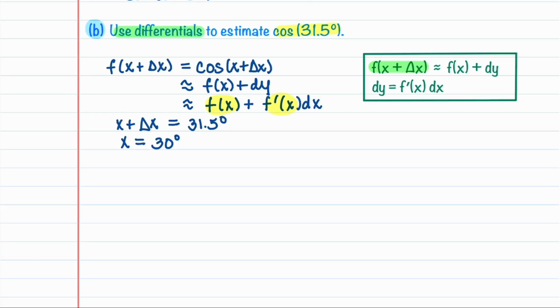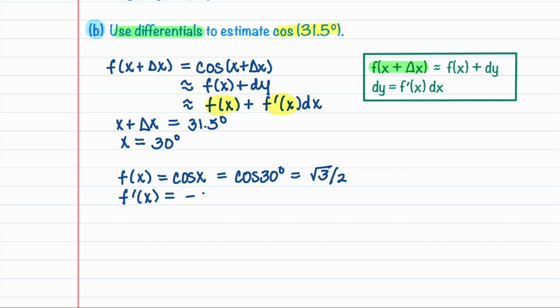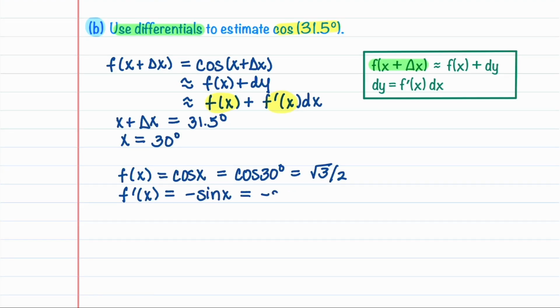Since f of x plus delta x is cosine of x plus delta x, f of x is cosine x, and x is 30 degrees, so this is cosine 30 degrees, which is the square root of 3 over 2. Now let's find f prime at x. That is going to be minus sine x, and x again is 30 degrees, so this is minus sine 30 degrees, which is minus 1/2.